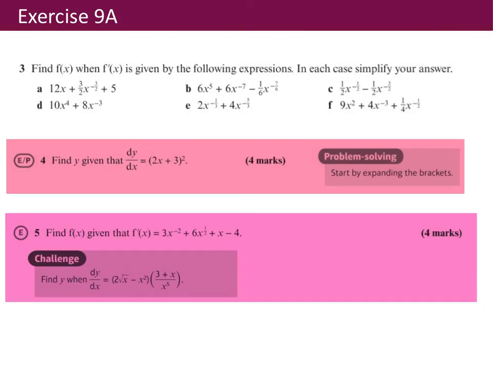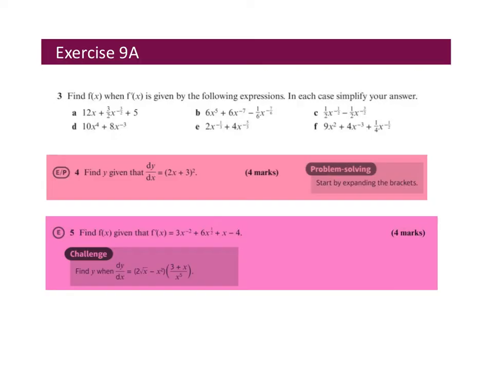Okay, if you are feeling super duper confident, guess what you're doing? The challenge. Okay, this is really confident. If you're feeling confident, do question 5, and then if you're unhappy, can you do 4?